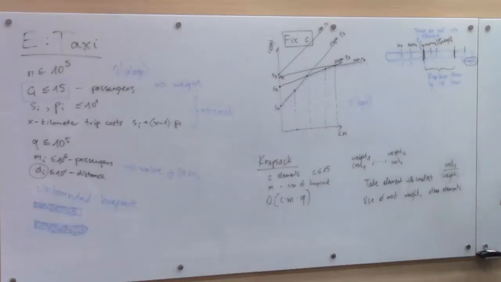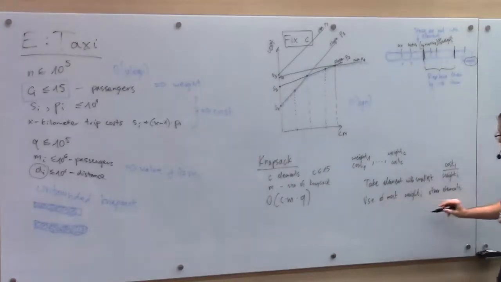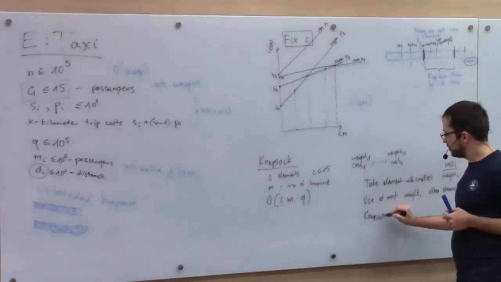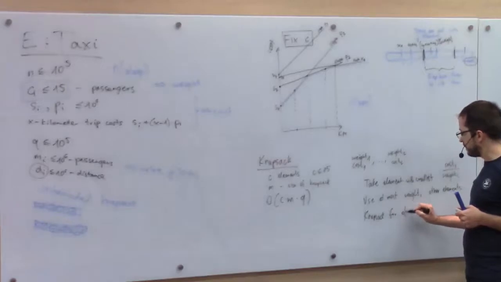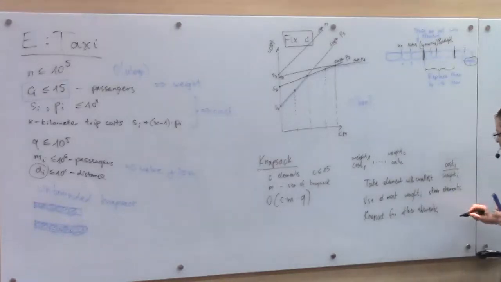So we will use knapsack for other elements, and the size of the knapsack will be c squared.